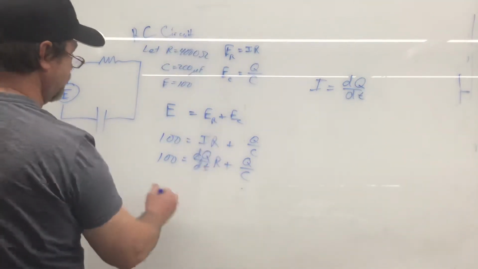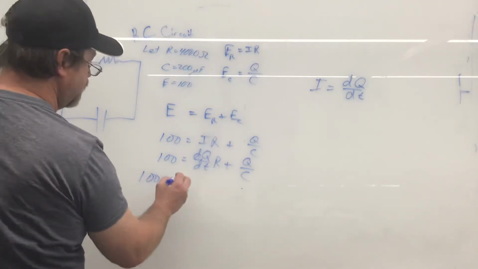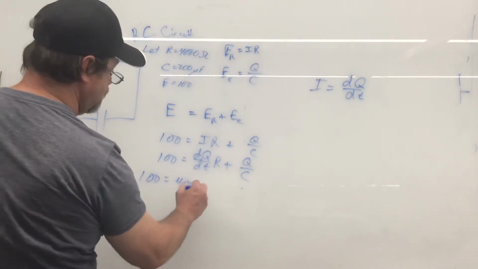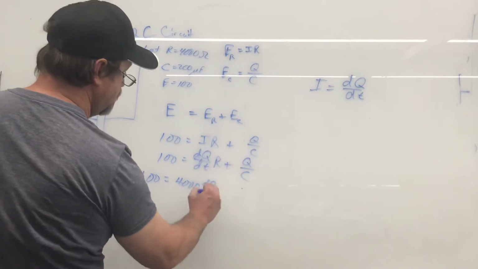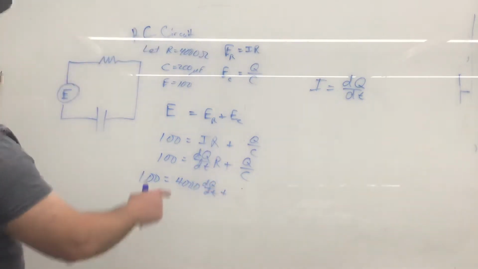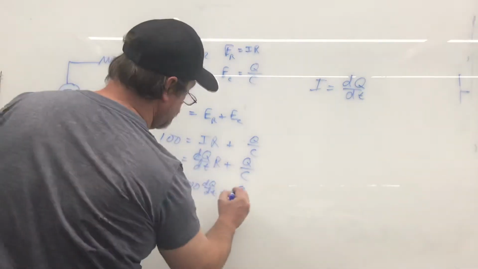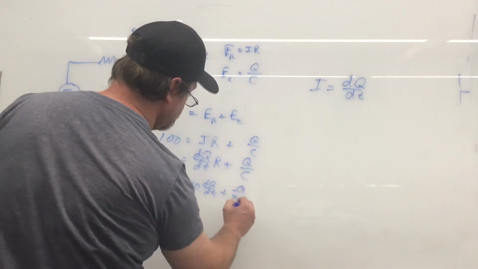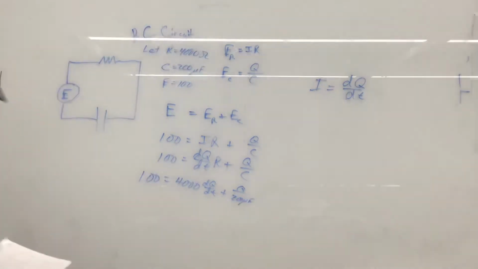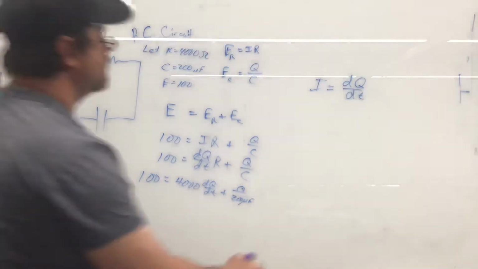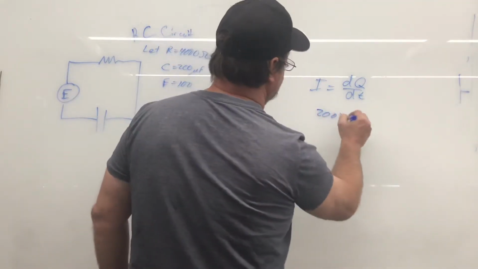R I have is 4,000, so that 100 equals 4,000 dQ dt plus Q over 200 microfarads. And we need to be a little bit careful with that. 200 microfarads is 200 times 10 to the minus 6.